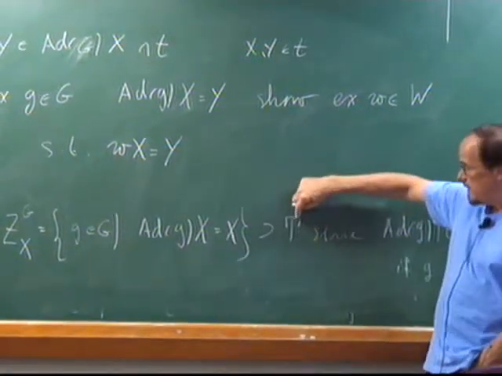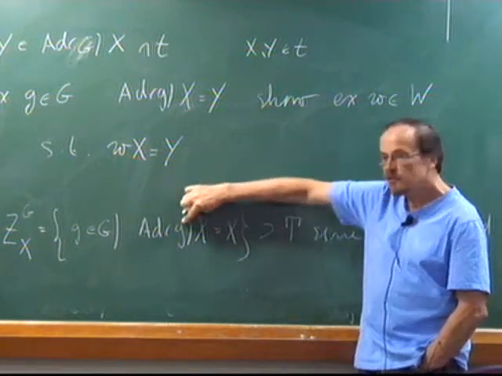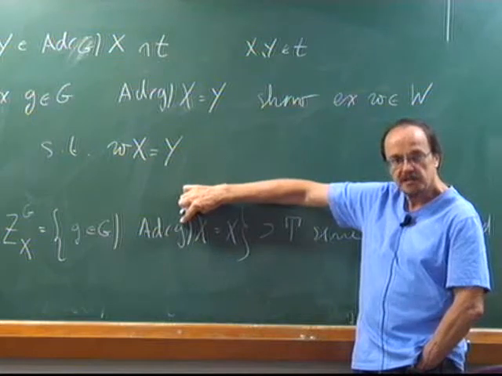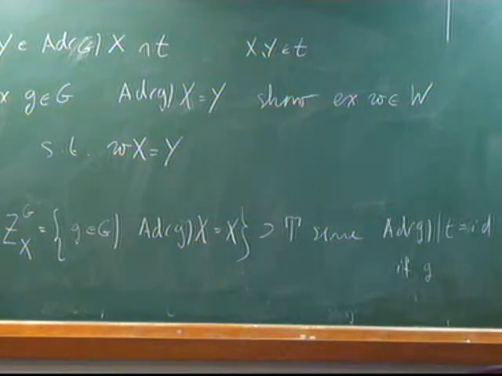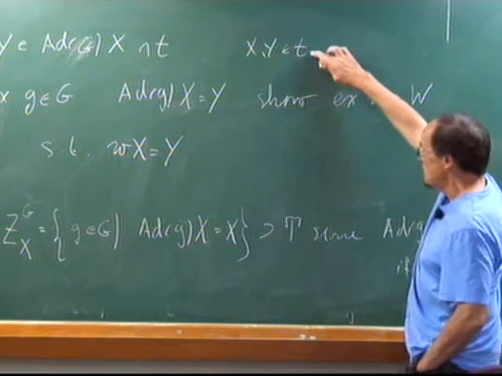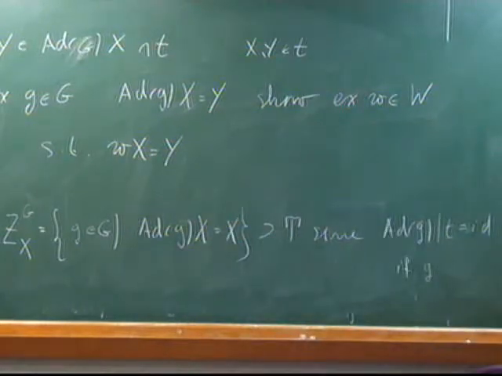If I choose an element in T, x and y lie in the Lie algebra of the Lie group, so therefore it's identity. Because x and y both lie in t, if I take the adjoint of something in the maximal torus, it's identity. So it contains T.